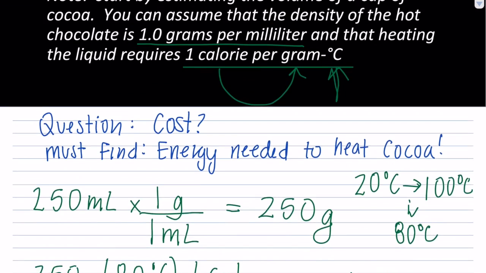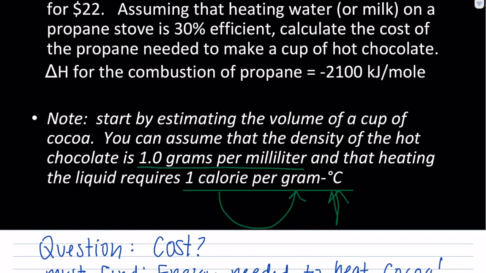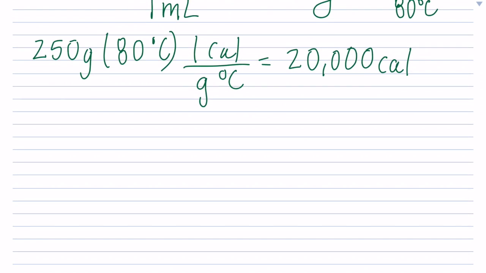However, our delta H for our propane is in kilojoules per mole. So we know that eventually we're going to need to figure out how many kilojoules we need so we can figure out how many moles of propane we need for this problem. So I will then need to convert this into joules and then kilojoules.